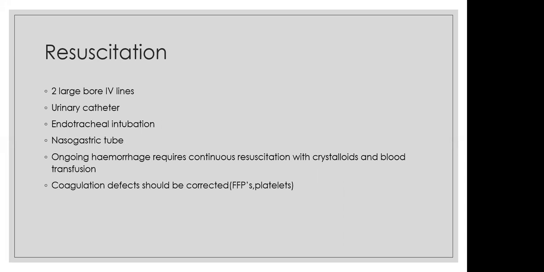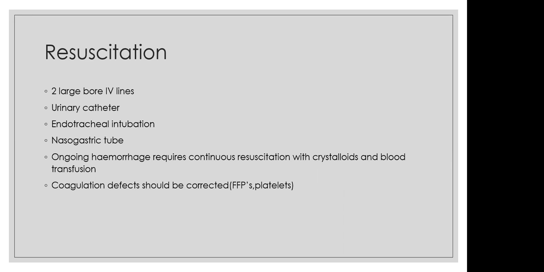With resuscitation, you need to put in 2 large bore IV lines and also a urinary catheter, Foley's catheter, to monitor the urine output as you continue with your resuscitation.